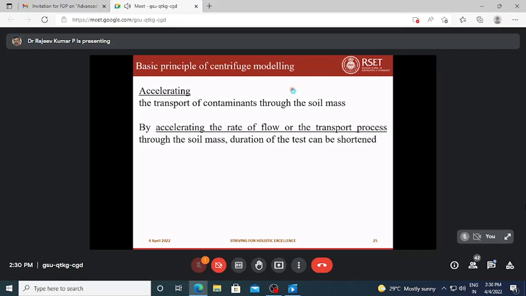Suppose in a landfill site, one molecule or particle moves from the landfill site to the groundwater region, and it takes 50 years to 100 years. You can simulate such a condition in the geotechnical centrifuge within seconds or minutes by accelerating the model to a higher level of gravity.